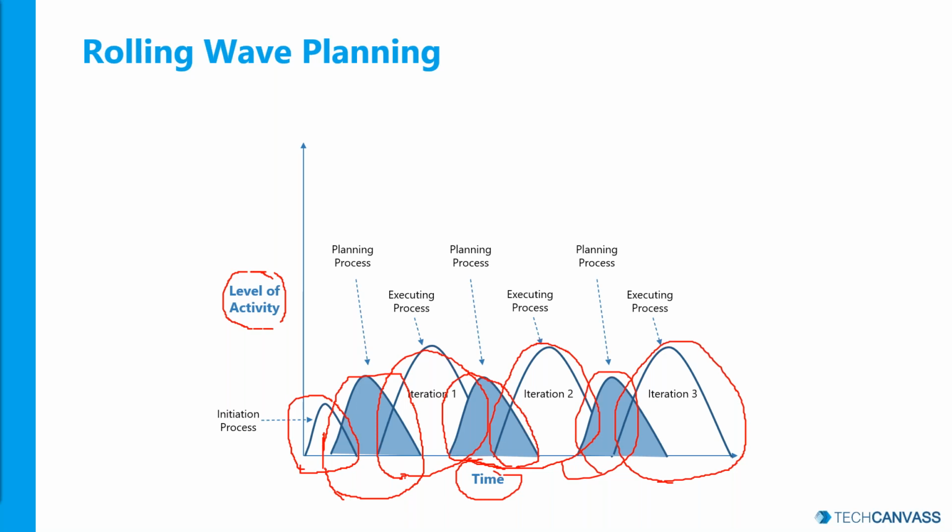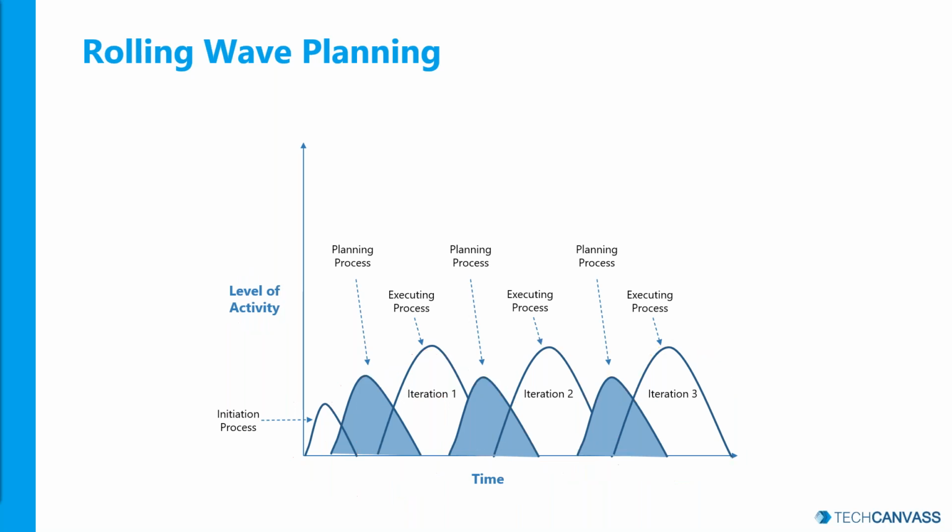Now, if I have to take an example, I'm taking a very crude example here. If my project has 100 requirements, the first planning here may be only for 10 requirements, and I'm executing those 10 requirements here. The next planning I'm doing is for 12 requirements, and I'm executing those 12 requirements here.